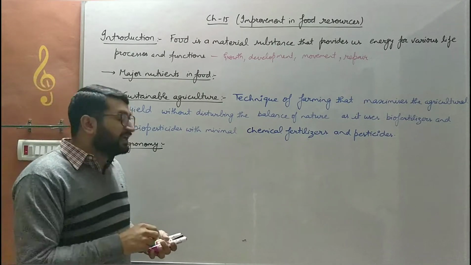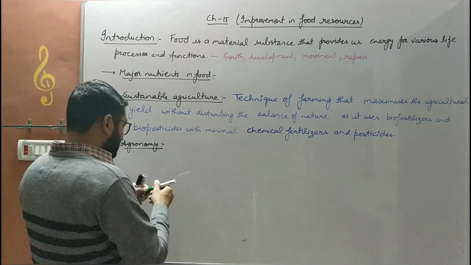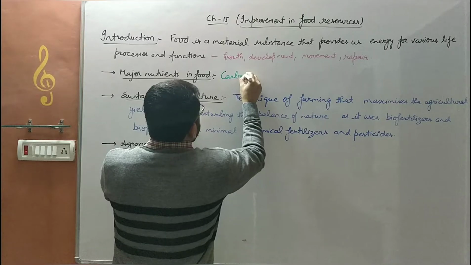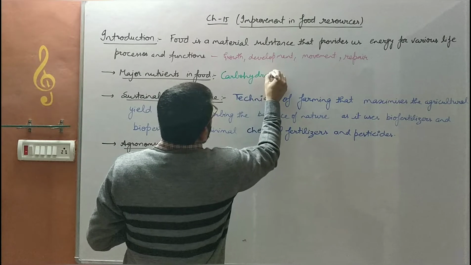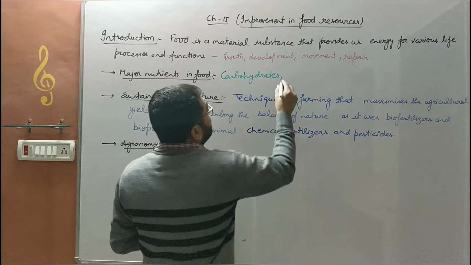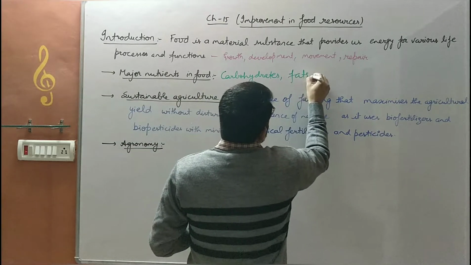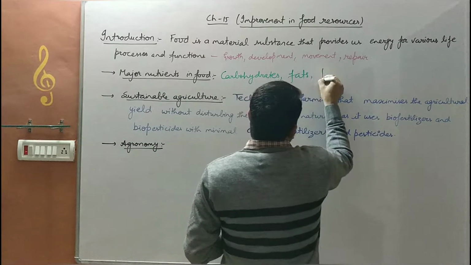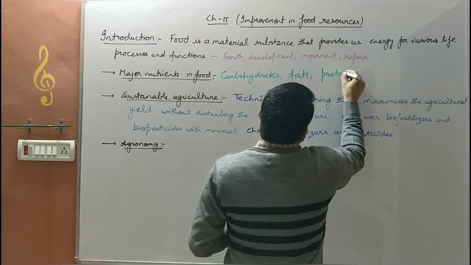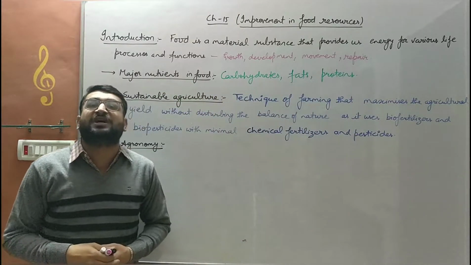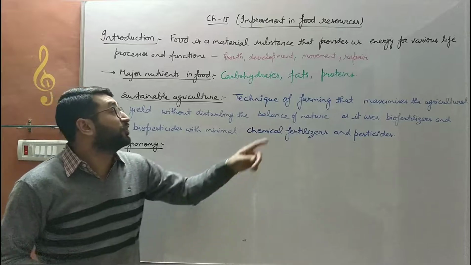The major nutrients which we get from food are carbohydrates, that is sugars, bache. Glucose, fructose, starch, glycogen, all these are carbohydrates. Fats, fatty acids and glycerols. Proteins. After water, the major particle which constitutes a cell or a living organism is proteins.